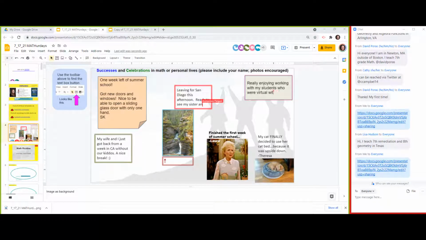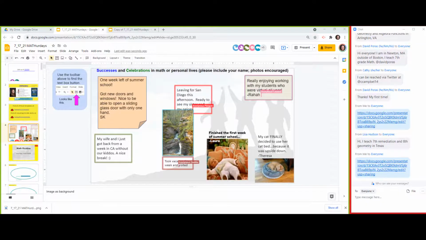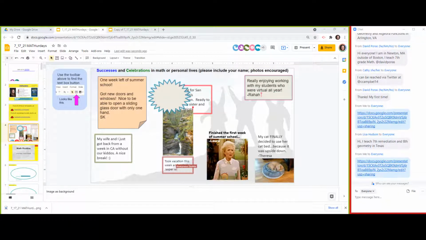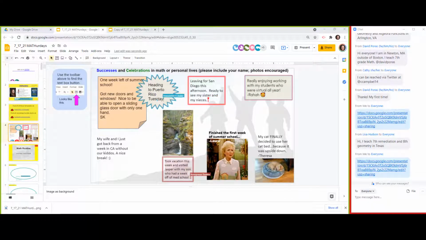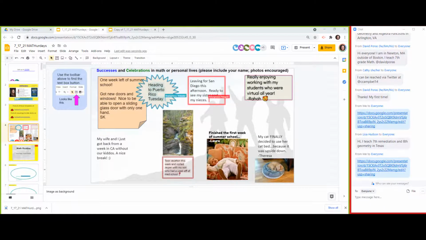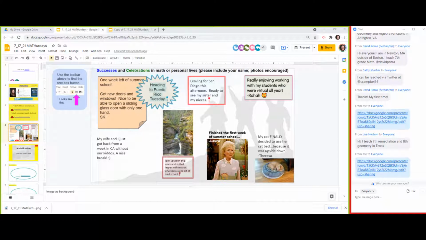If there's one thing that you love that you did the first week, go ahead and tell us what it is. If it is just flopping back and having a great nap, that works too. Yes, I was going to say, so this is our first week. I'm doing summer school with third graders, and our summer school is in person. And the majority of the third graders that I have were virtual all year. So this is kind of like a stamina thing.